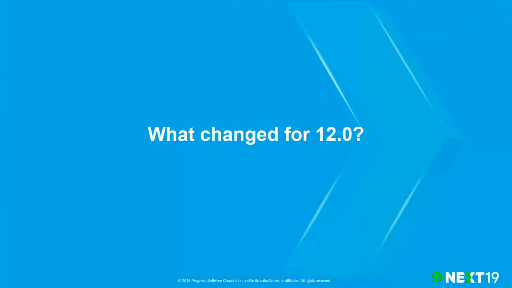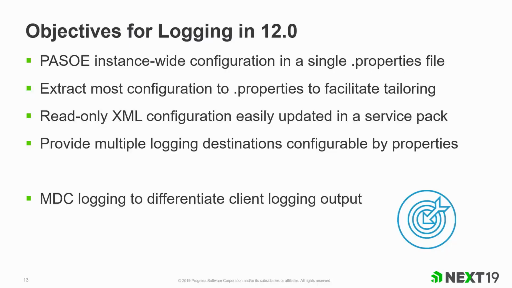So what changed for 12.0? Most of that existed in the ABL application level pre-12.0. So what changed for 12.0? Well, I started with that list of things that we saw as shortcomings in PAS-OE logging. Our objectives for 12.0 were that we wanted an instance-wide single place to configure logging.